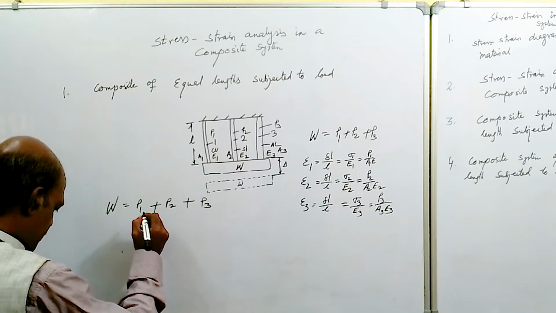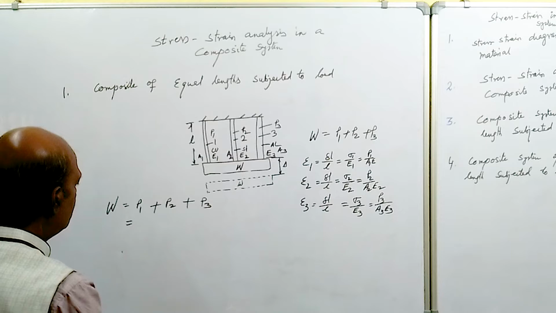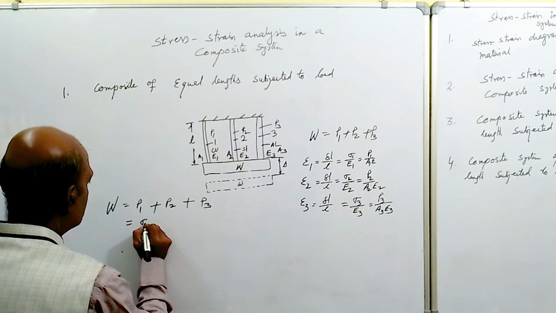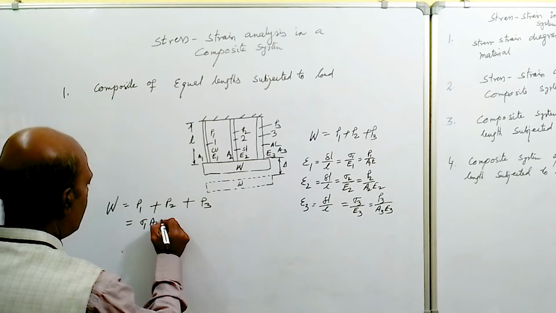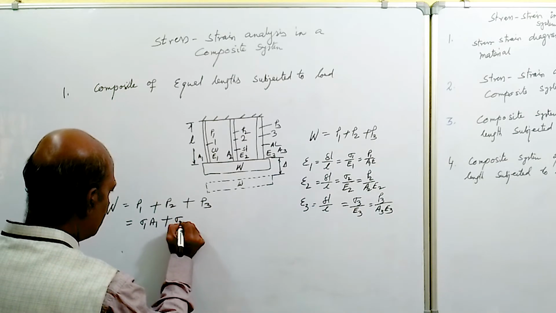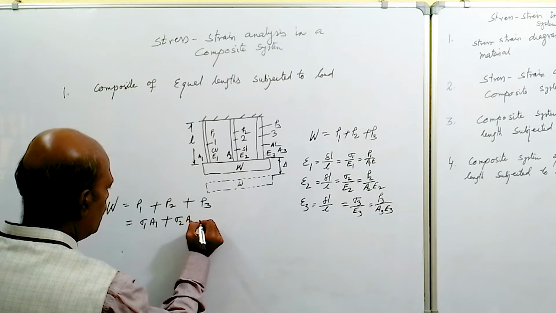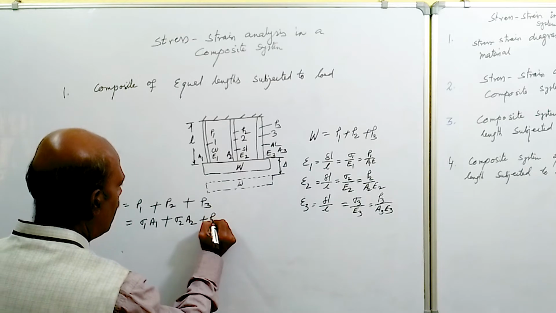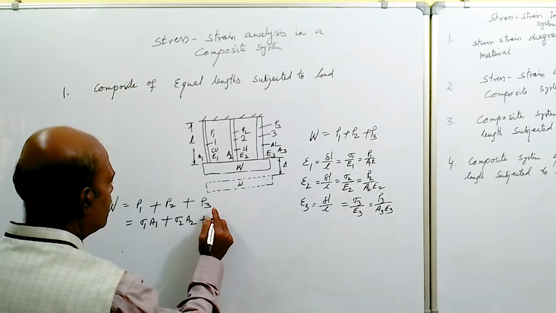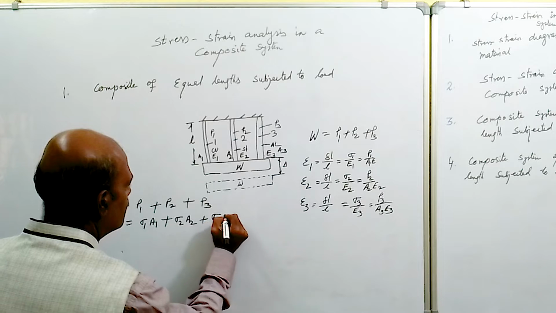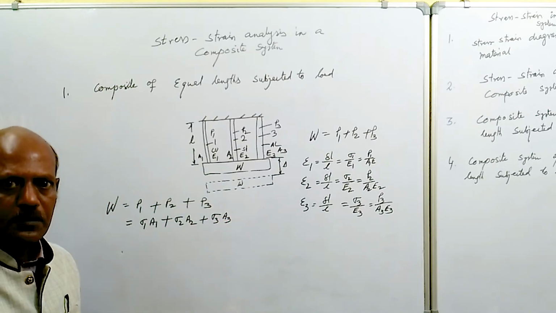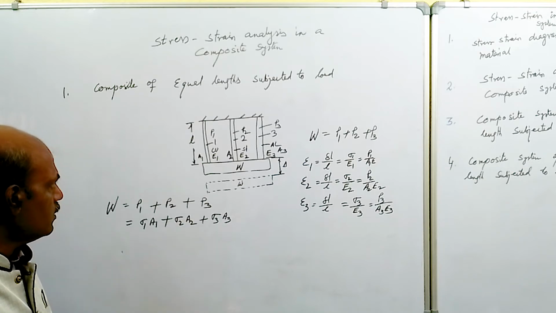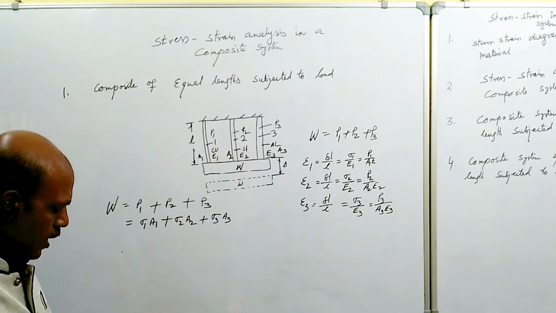So we can write P1 is equal to sigma 1 into A1 plus P2 is equal to sigma 2 into A2 plus P3 is equal to sigma 3 into A3, where sigma 1, sigma 2 and sigma 3 are the stresses developed in bar 1, bar 2 and bar 3.